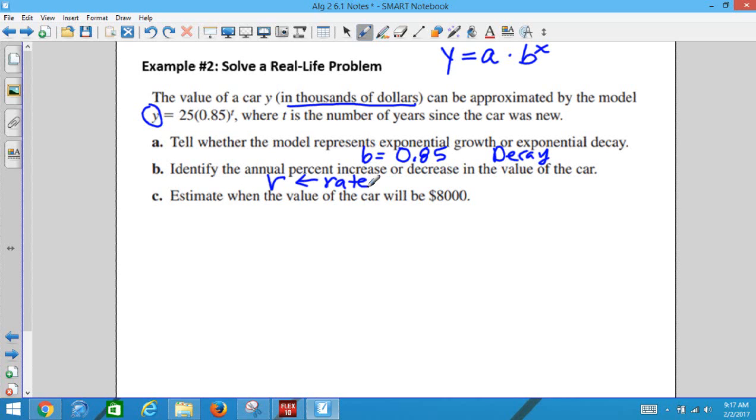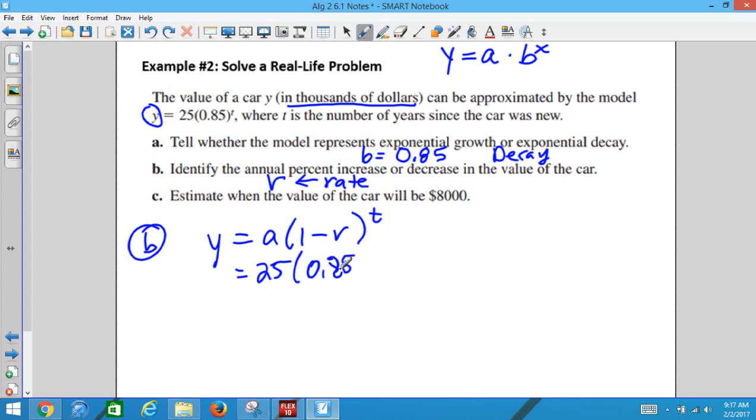To find that R, we're using the formula that was on that previous page: y equals A times 1 minus R to the t. We're going to set that up so it looks like this, 25 times 0.85 to the t.